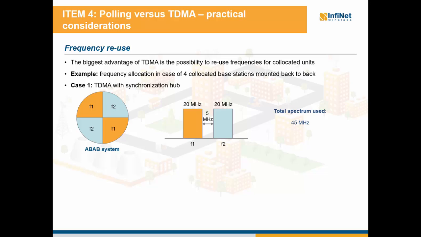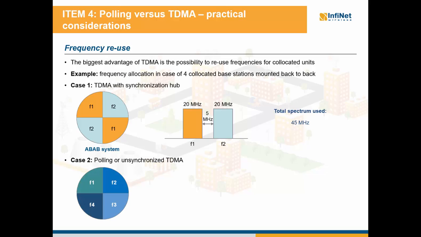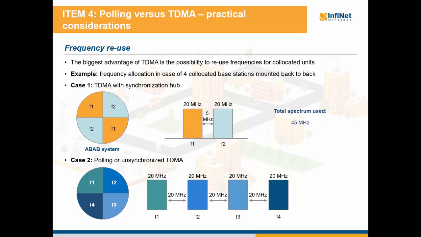In the second case, we will check the frequency allocation when polling is used, or when external synchronization is not available for TDMA. In the back-to-back configuration, the frequencies cannot be reused by any means, and we need in this case 4 different frequencies from the start, and the base stations transmit at different moments.